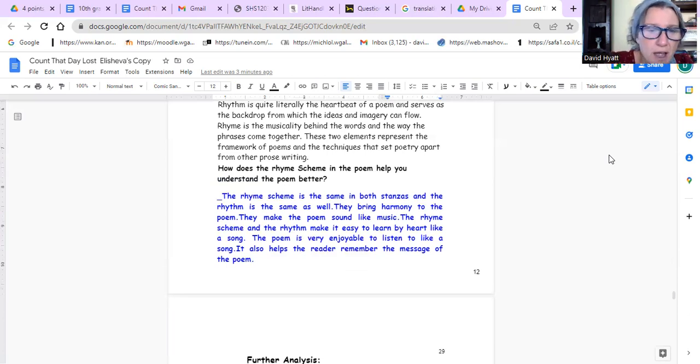But how does the rhyme scheme in the poem help you understand the poem better? I didn't really know how to answer that one, but I tried.